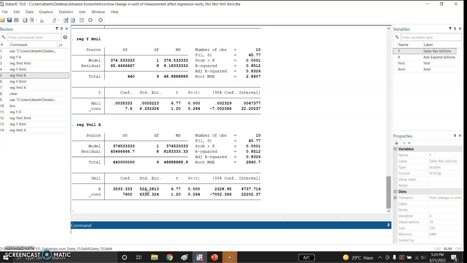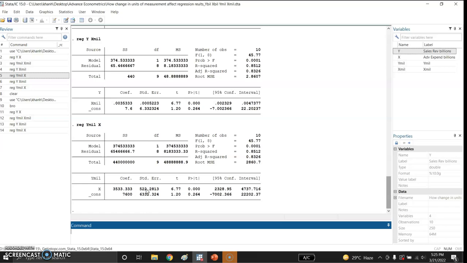So we must note that in all the regressions, R square value remains the same, and this is not surprising because the R square value is invariant to change in the units of measurement, as it is a pure or a dimensionless number. Similarly, F statistic value remains the same, t values remain the same.